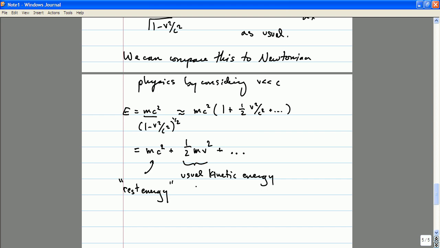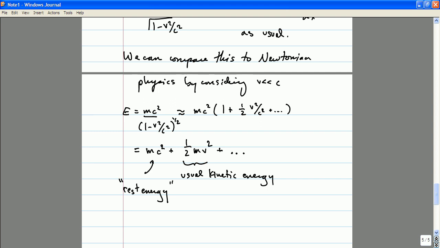And indeed, you see that with this identification, when v is equal to 0, we have the famous identity E is equal to mc squared. So in this formulation, we attribute an energy to an object at rest, which is non-zero, and in fact, which is fantastically large. It's the mass of the object in units of c squared.